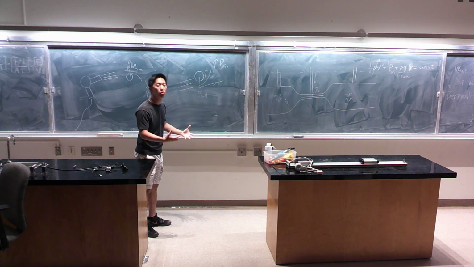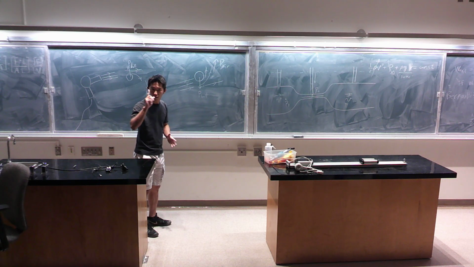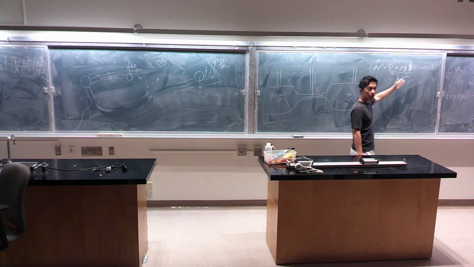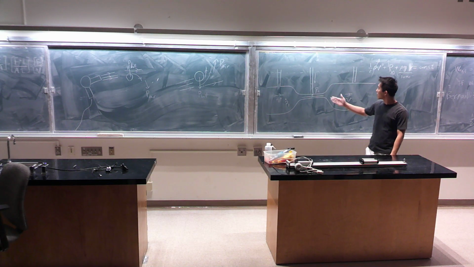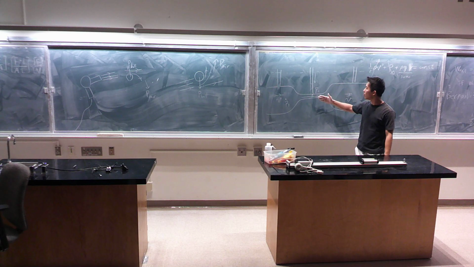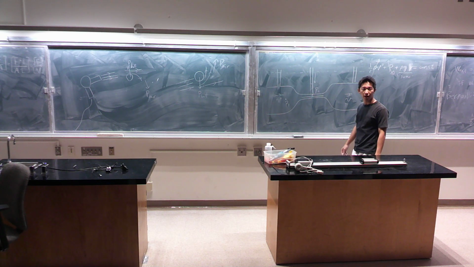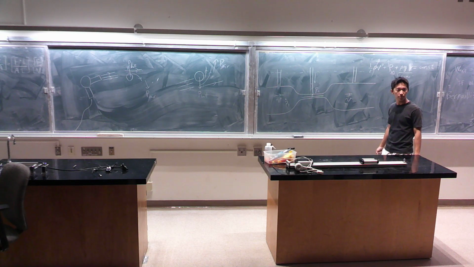That's how they abuse Bernoulli's equation. But wait a second. This comes from energy conservation. The reason that the pressure here is smaller is because the pressure turns into kinetic energy. Pressure will only decrease if the extra kinetic energy comes from energy conservation.